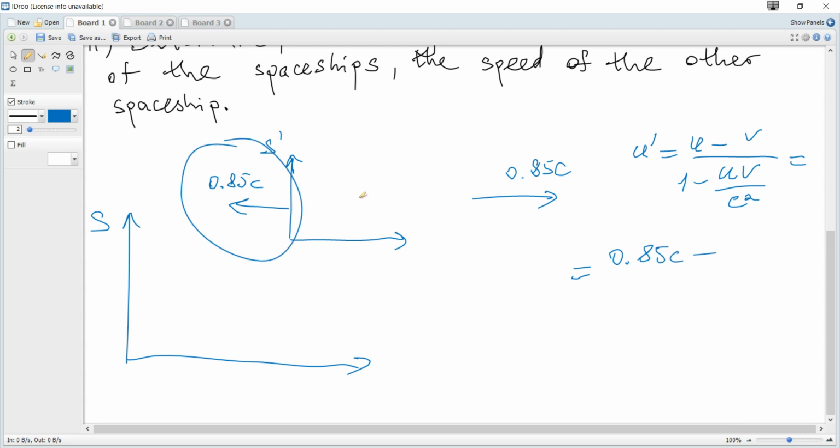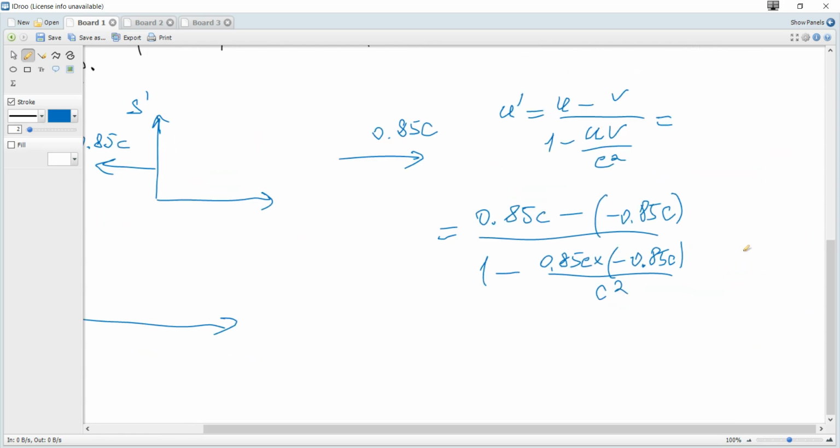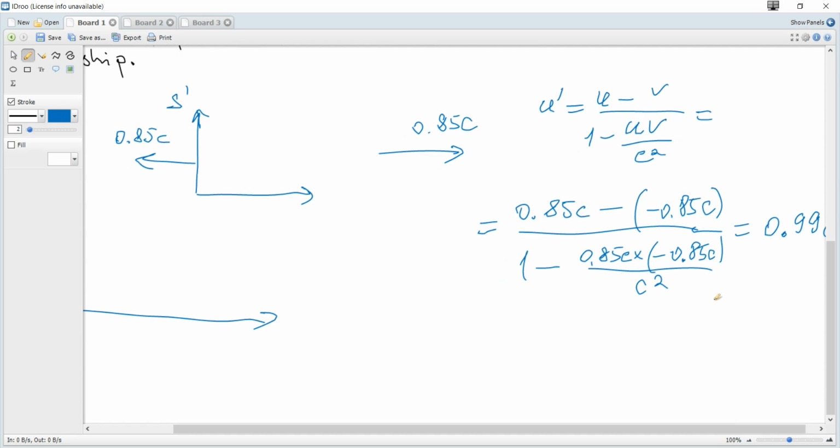It's the velocity of the moving reference frame, it's to the left, so it's negative 0.85 c, divided by 1 minus 0.85 c multiplied by V, which is negative 0.85 c, so it will be 1 plus the product divided by c squared, and it becomes plus 0.99 c to two significant figures.